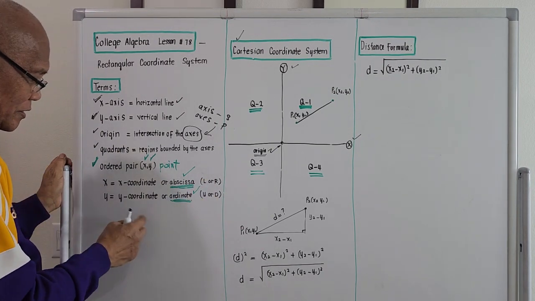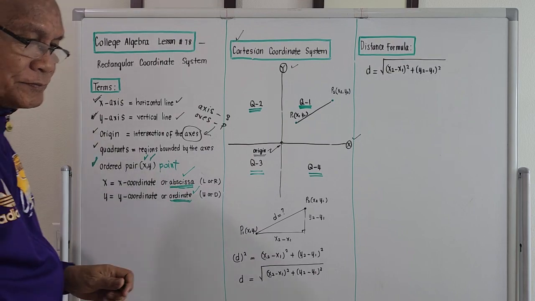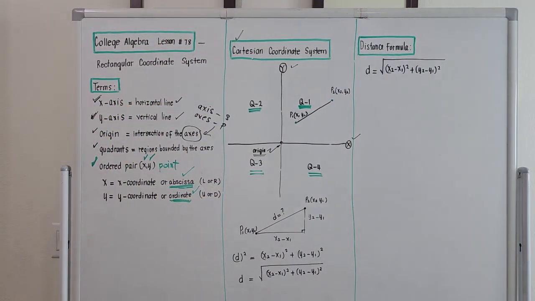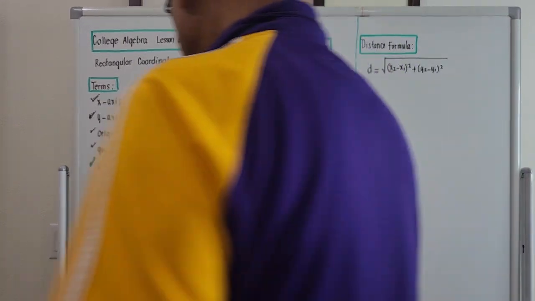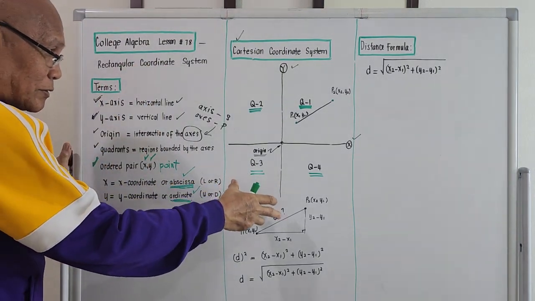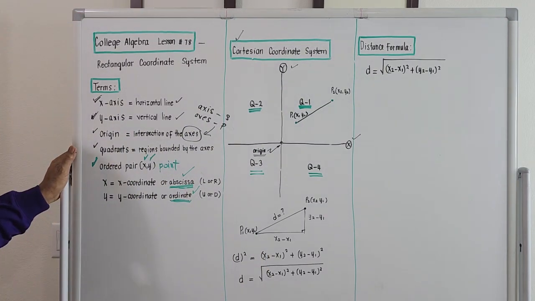It is understood that they are the x coordinate and y coordinate. So these are the needed terms in order to understand what a Cartesian coordinate system is.